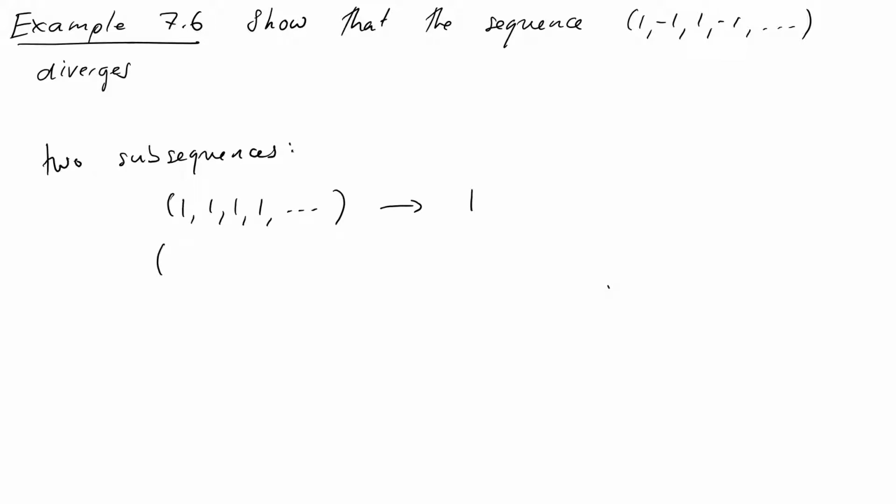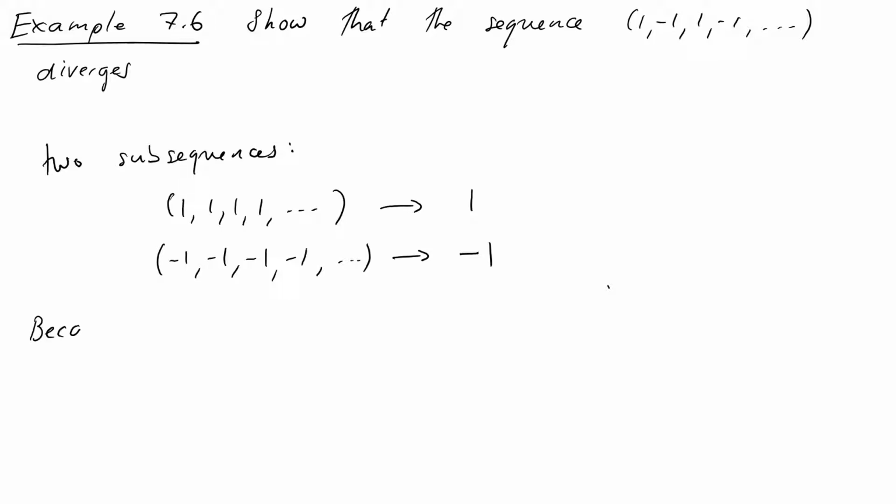And our second choice is going to be this one here, when we take every second term the other way. And that one converges to -1. But we know that sequence limits are unique. So our sequence only has one limit, and any subsequence of it must converge to that limit. And so the fact that we've got two subsequences converging to different limits shows our sequence itself doesn't converge.